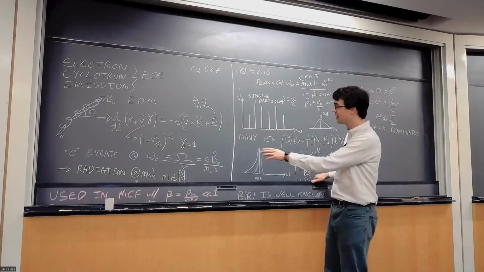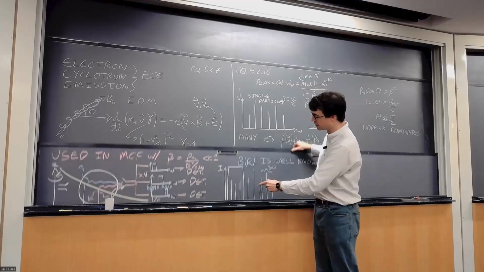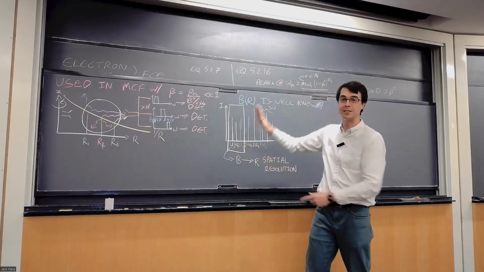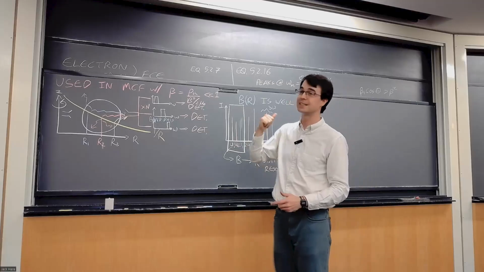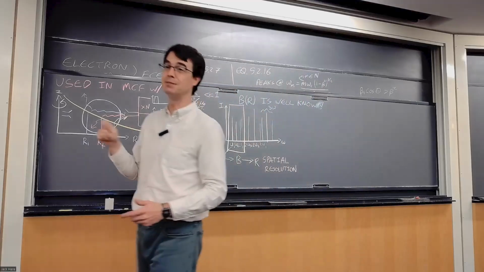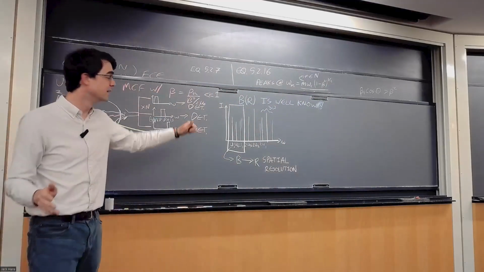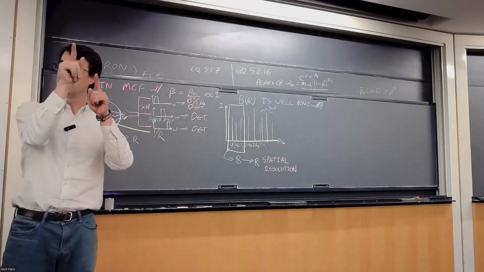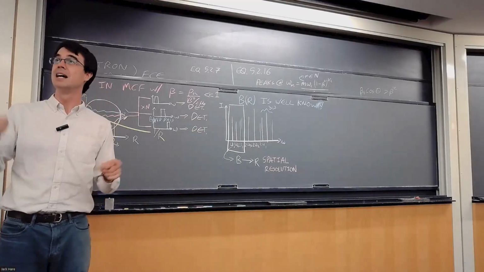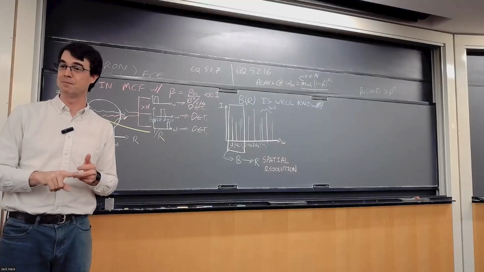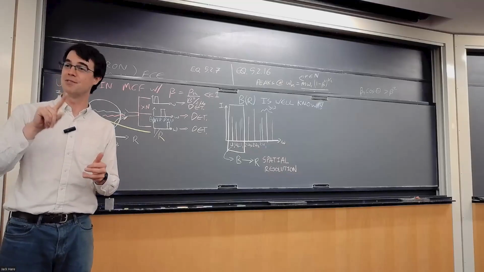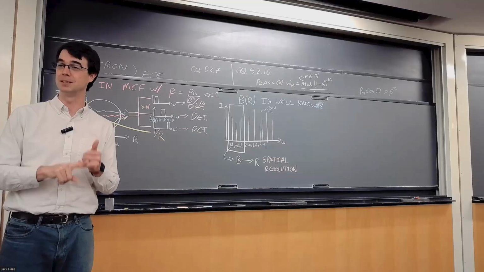And effectively, they will always overlap because I've just drawn 3 spatial locations, but there's an infinite number of spatial locations. So you're absolutely right. That broadening sets a limit on your frequency resolution. You've effectively convolved your signal with that asymmetric peak. And because you've set a limit on the frequency resolution, it sets a limit on how well you can resolve different magnetic field regions, and because of that, different spatial regions.